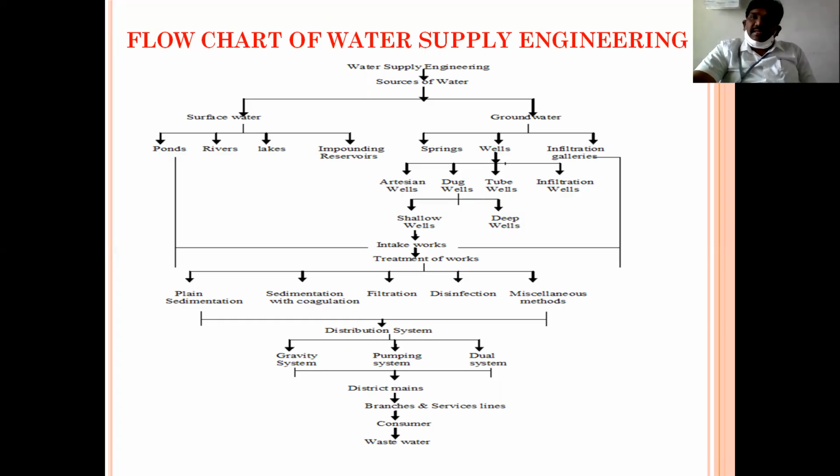Now we are here, the title sources of water. Sources of water we learned and we completed as per your curriculum, surface water, where you learn 3 subtopics by name: lake, rivers, and impounding reservoirs.